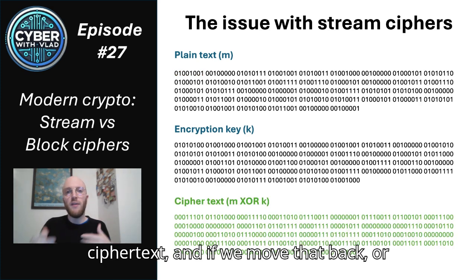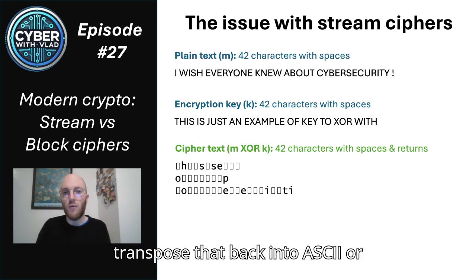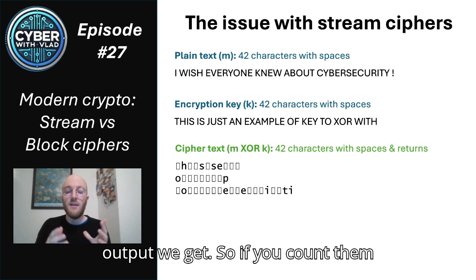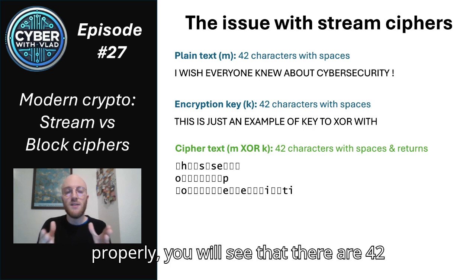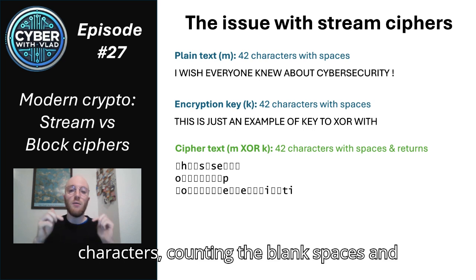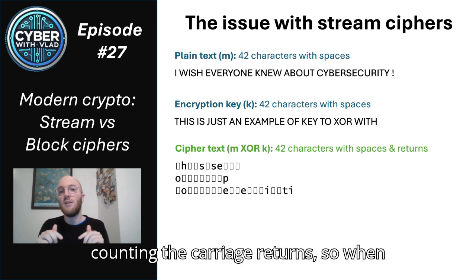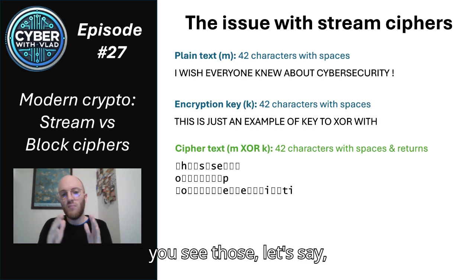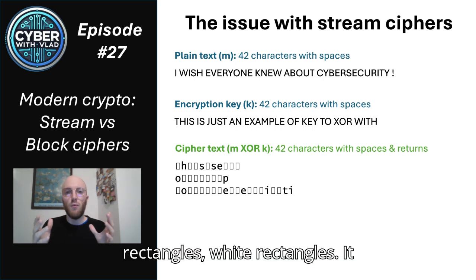And if we transpose that back into ASCII or printable characters, this is the type of output we get. If you count them properly, you will see that there are 42 characters, counting the blank spaces and the carriage return, when the text goes back to the next line. And you see those white rectangles.